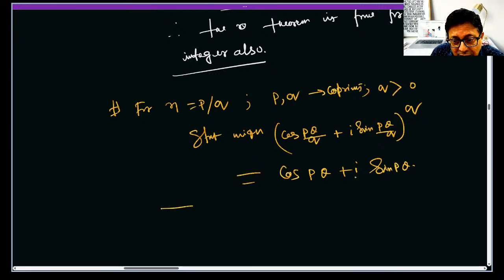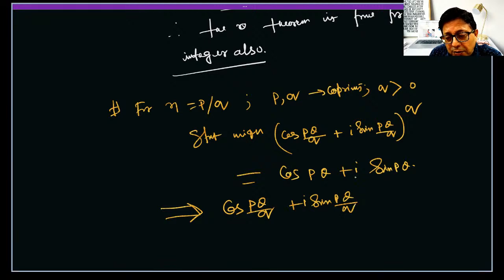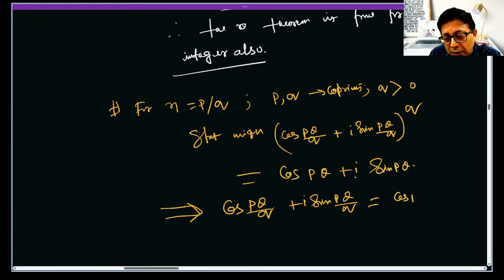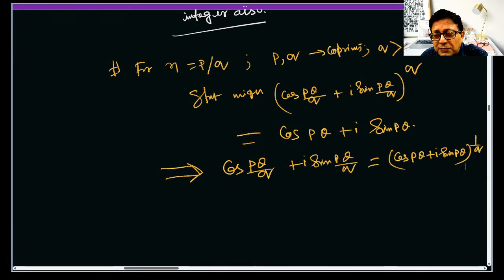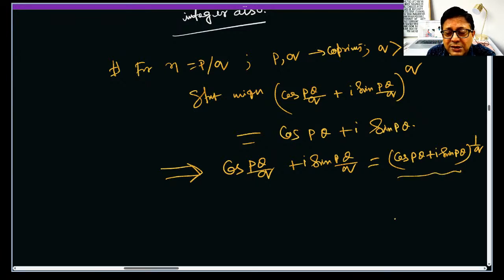So therefore we can say that cos(pθ/q) + i sin(pθ/q) is (cos pθ + i sin pθ) to the power 1/q. Okay. So one of the roots of this thing is here.